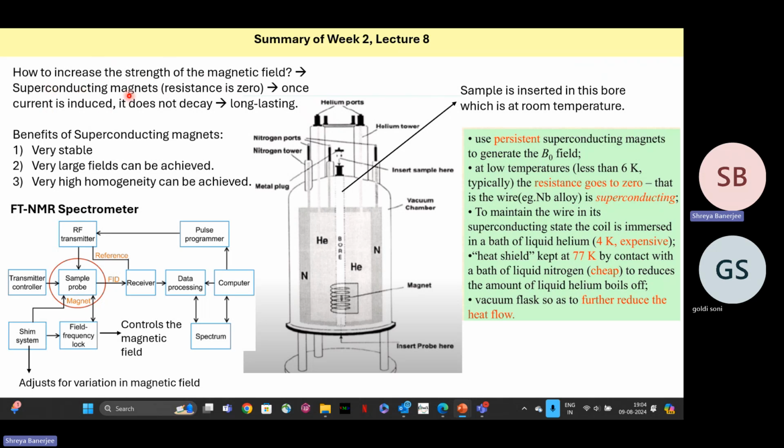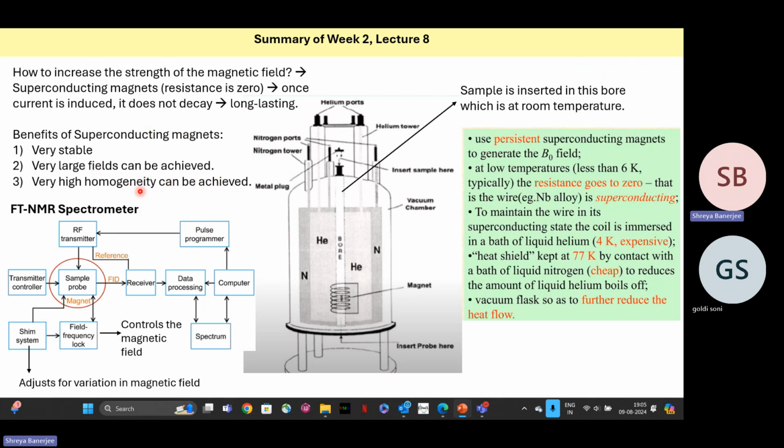So these kind of superconducting magnets are used in NMR because they are very stable and they can create very high magnetic fields with very high homogeneity. Homogeneity is an important factor we have already seen, because if the field is inhomogeneous, then the NMR spectra will have a lot of aberrations.